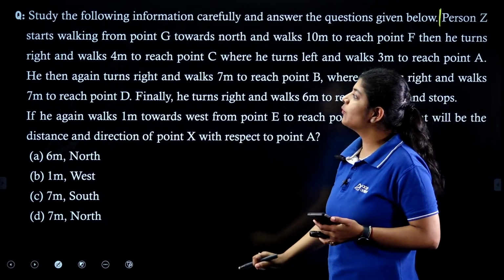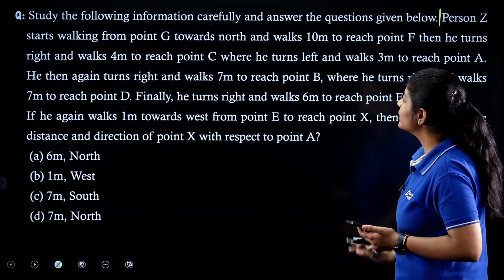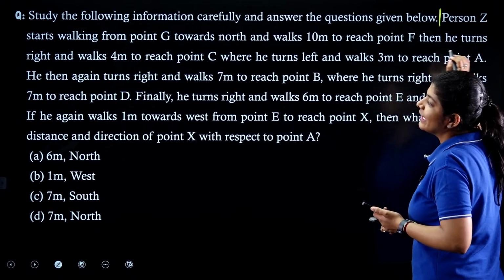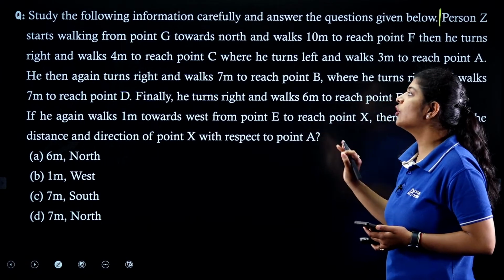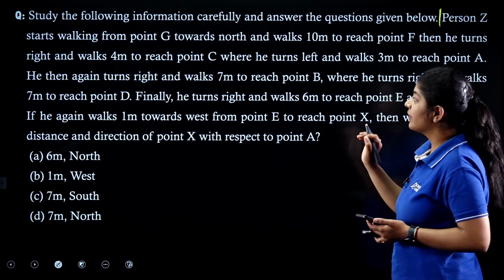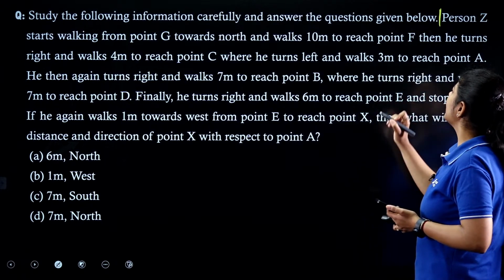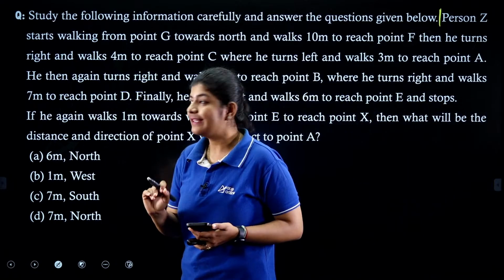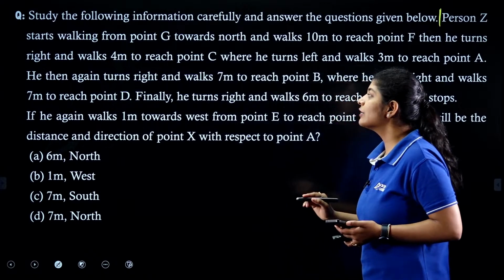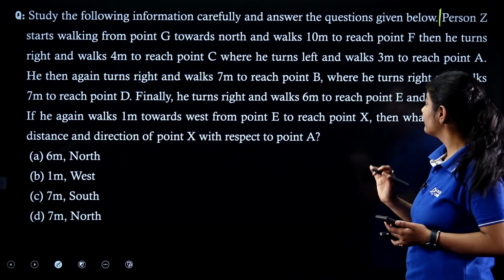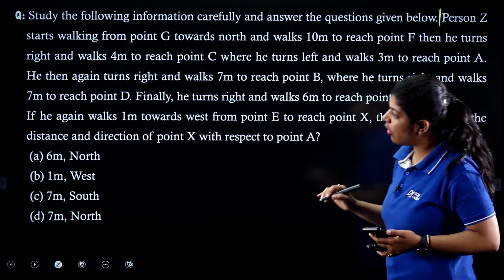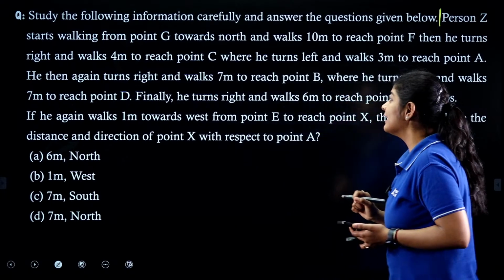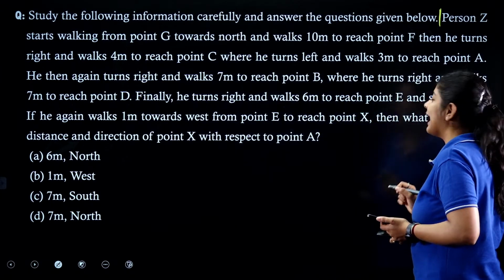Person Z starts walking from point G towards north and walks 10 meters to reach point F. Then he turns right and walks 4 meters to reach point C, where he turns left and walks 3 meters to reach point A. In the next line it is given that, then he again turns right and walks 7 meters to reach point B, where he turns right and walks 7 meters to reach point D. Finally, he turns right and walks 6 meters to reach point E and stops.